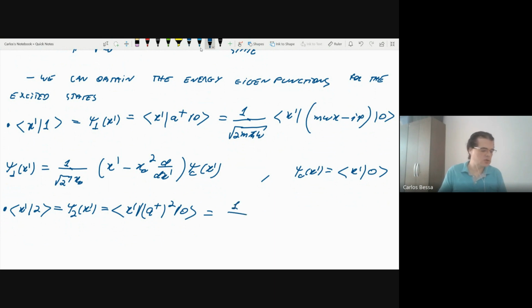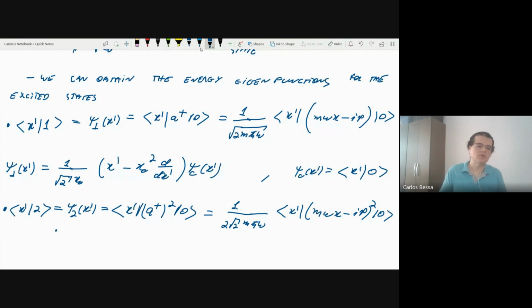This will be just 1 over 2 square root of 2 m h bar omega, x prime m omega x minus ip squared.